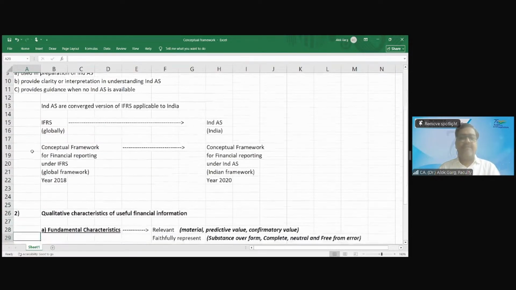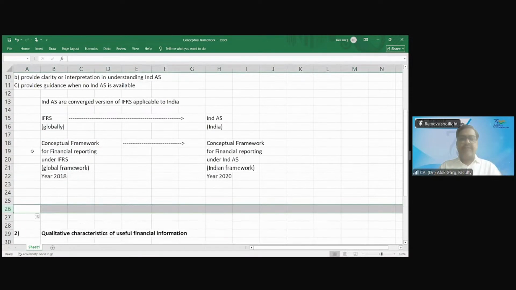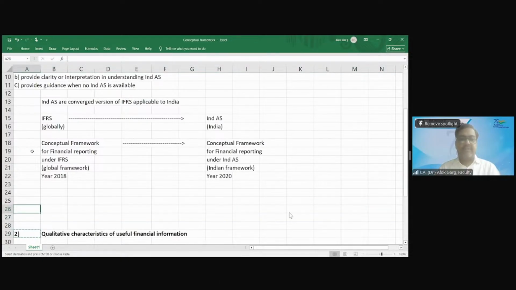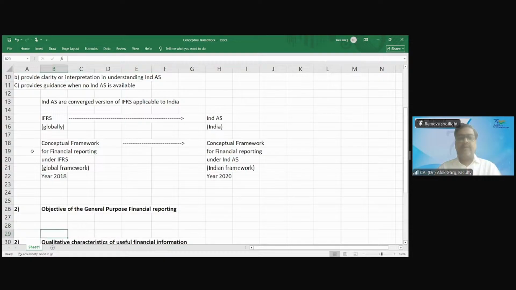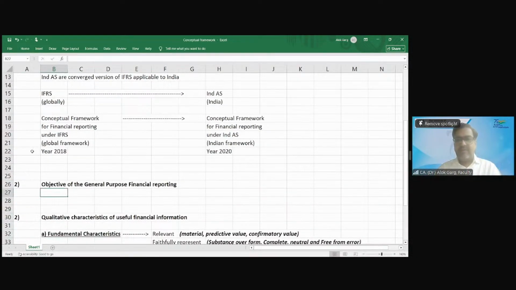Second, we have covered the objective of general purpose financial reporting. And this is relevant for whom? Investors, potential investors, lenders, and creditors.